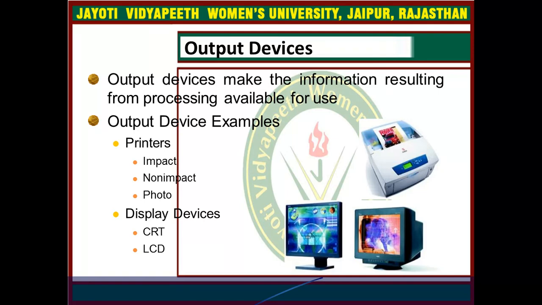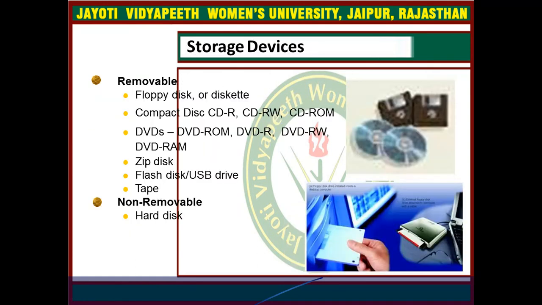You have seen LED screens while watching television. These are the pictures of the printers, the LED and the CRT. This is the CRT tube. Previously all desktops used the CRT. Now you can also see TFT screens, which are a type of LCD.